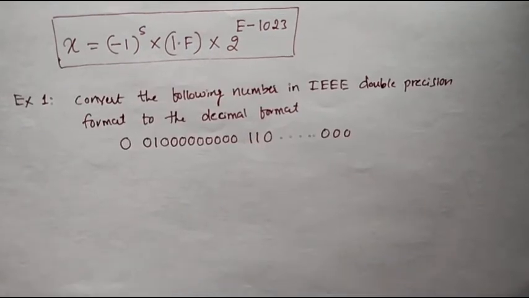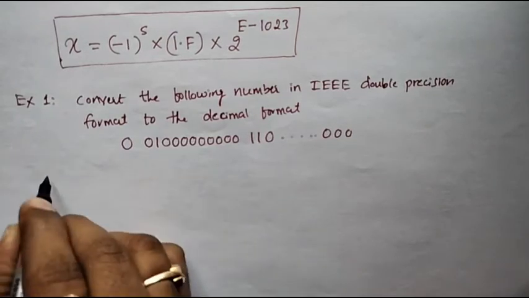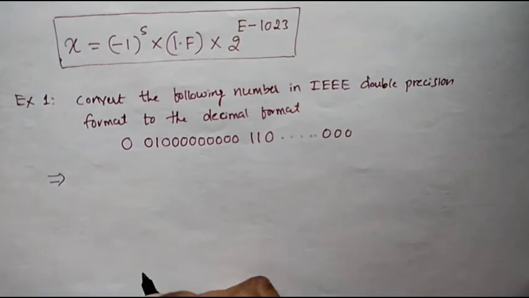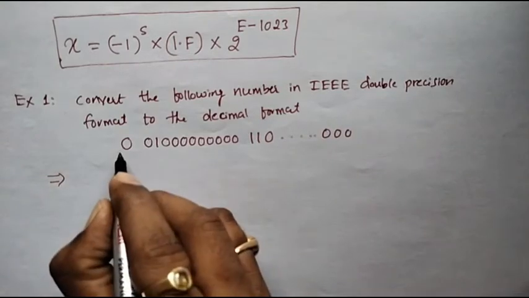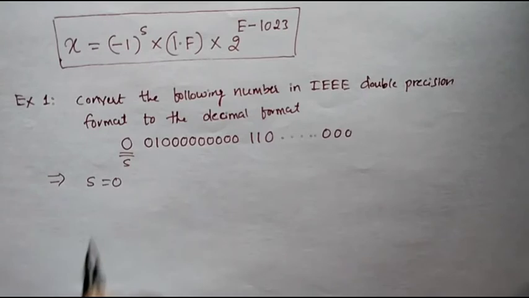Let us take one example. Convert the following number in IEEE double precision format to the decimal format. The given number is this, which is in double precision format. Here the first bit is the sign bit, therefore the sign bit is equal to 0. It indicates the number is positive.